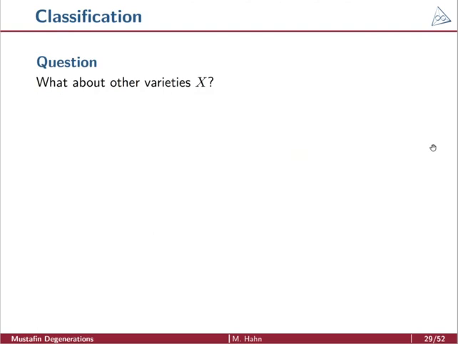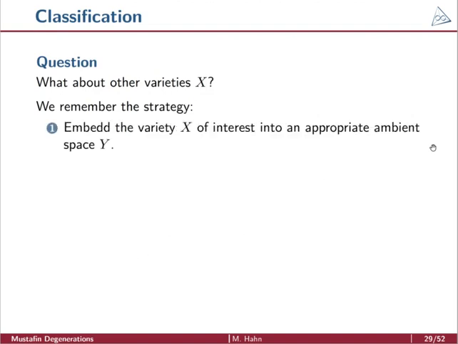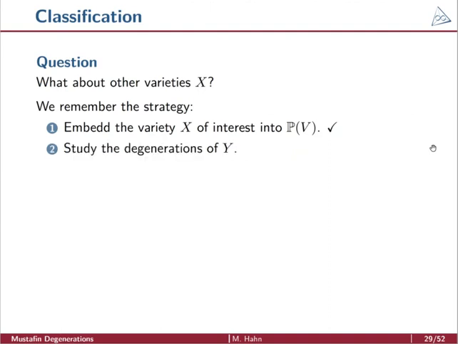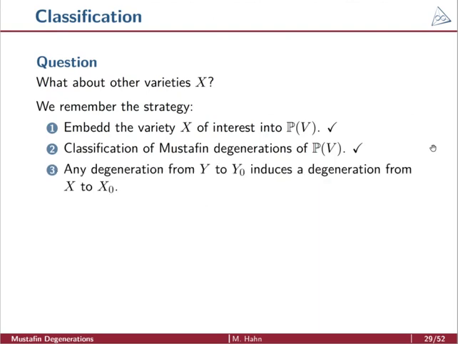And of course, the question is, what about other varieties X? We remember the strategy that we chose in the beginning. So the idea was to first embed the variety X of interest into an appropriate ambient space Y. Then we've done X, we have embedded X into the projective space. Then we wanted to study the degenerations of the ambient space Y. We've done that. We've classified the Mustafin degeneration of the projective space.